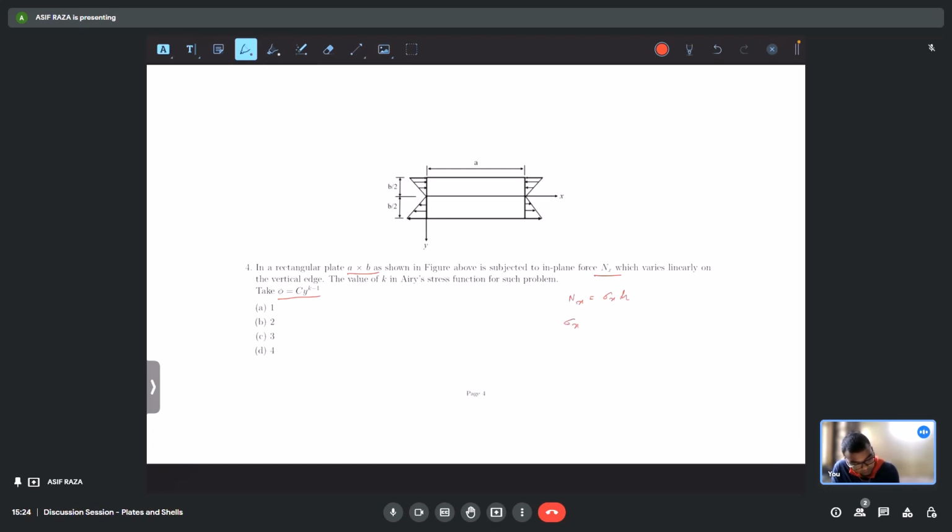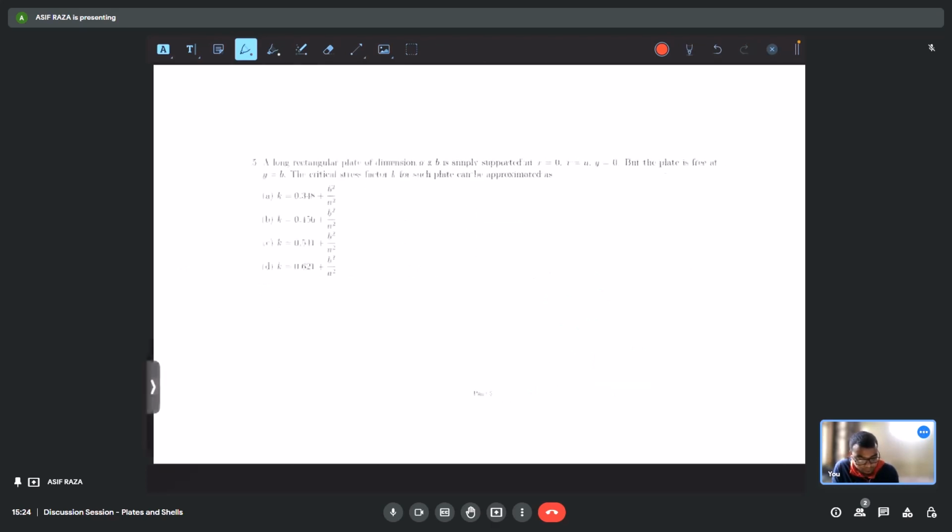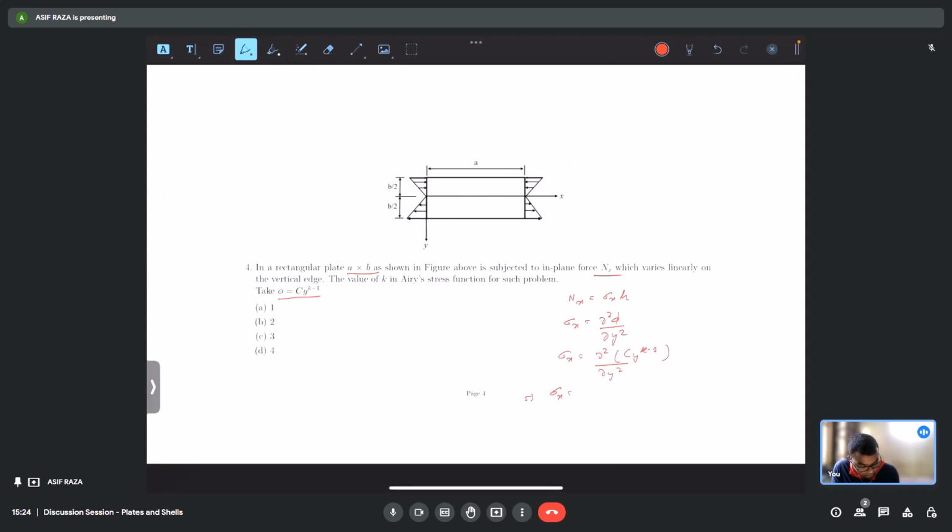And sigma x is equal to del square phi upon del y square, so sigma x is del square of the function with k minus 1 upon del y square. So this will give me sigma x as c times k minus 1, and again k minus 2 by k minus 3.